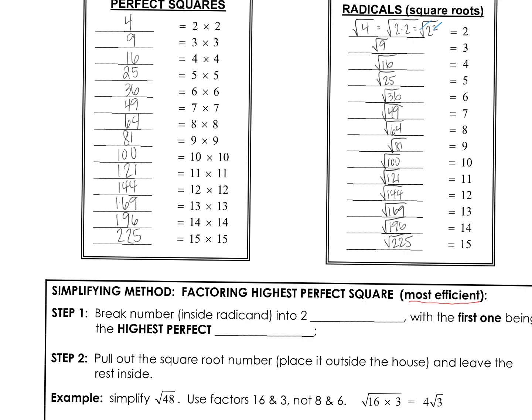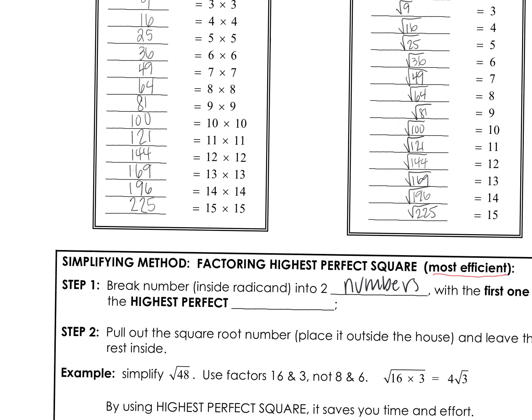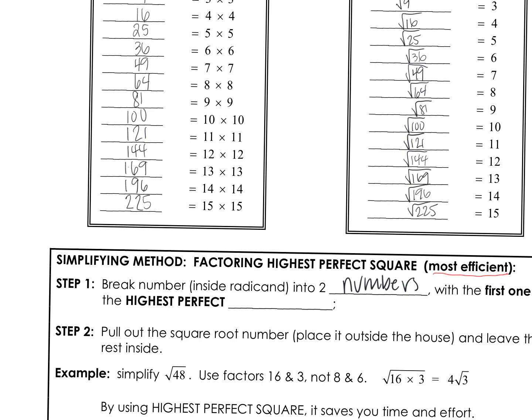Okay, so step 1 is to break the number inside the radicand into 2 numbers, the first one being the highest perfect square. So we're going to pull out the square root number, placing it outside and leaving the rest inside.